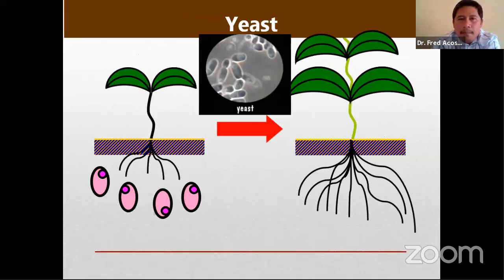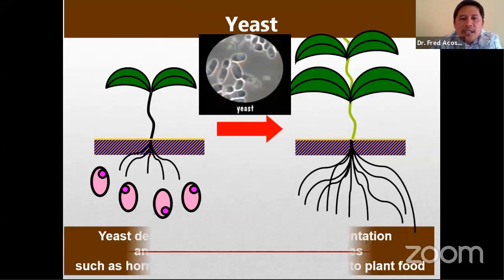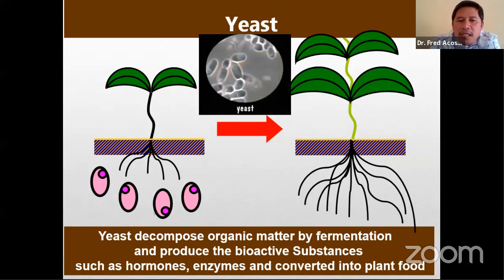The other one, yeast, decomposes organic matter by fermentation and produces bioactive substances such as hormones and enzymes, converted into plant food. So if we want to grow healthier plants and produce more fruits and more yield, that's the role and function of the yeast.